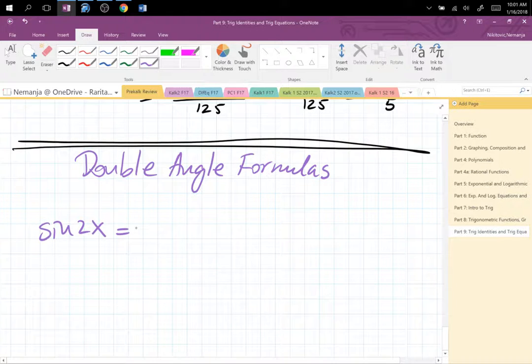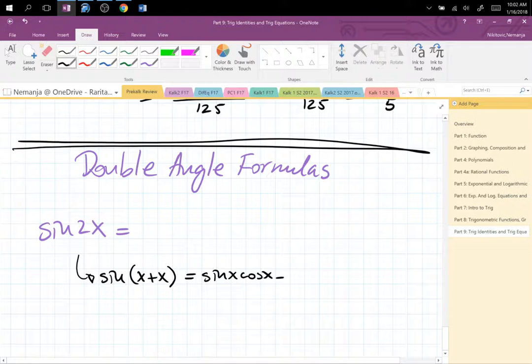Right? Now, the way to derive that is to just use common sense. Well, sine 2x is sine of x plus x. And that is going to be sine x cosine x plus cosine x sine x. But then these two are like terms. So it's very quick to see that this is 2 sine x cosine x.